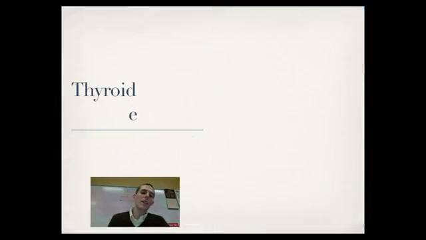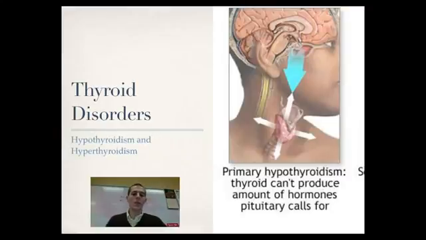The problem with the thyroid gland is it is prone to disorders. There are several of them. There are just two I want to focus on real quick: hypothyroidism and hyperthyroidism. If you remember your word roots and stems, you'll remember that hypo means under, hyper means above.